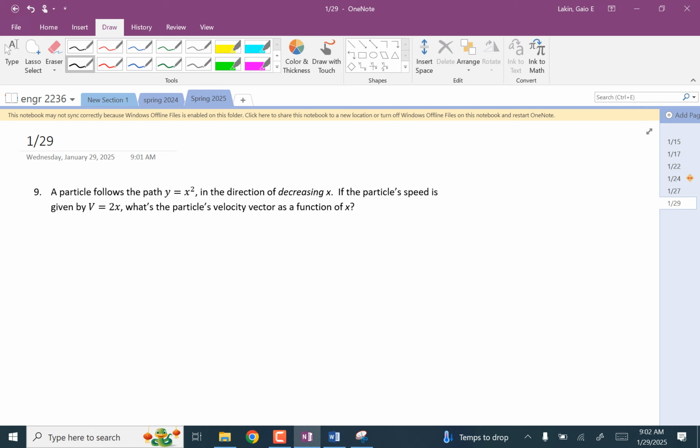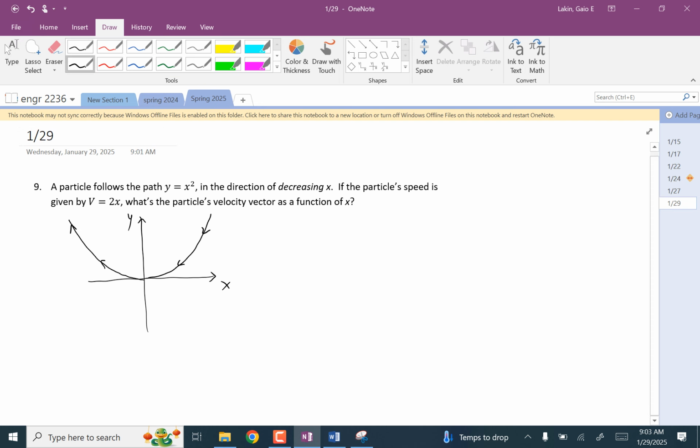Okay, so we have a path that this particle follows, and if you want to visualize it, it looks like this, and in the direction of decreasing x, so it's going this way along the path.